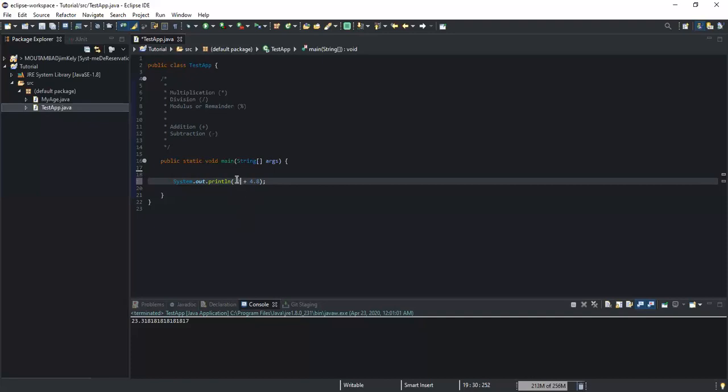So in this expression, when we evaluate, 2 is going to be treated as 2.0, and it's going to be added to 4.8.